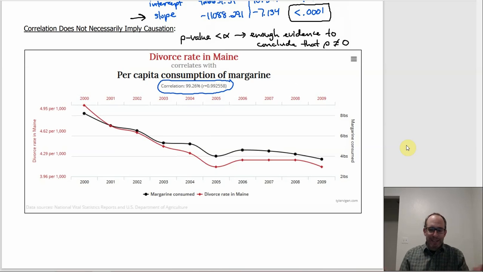But okay, fine, you have an association, but that doesn't mean that there has to be a cause and effect relationship. So that covers everything for section 10.1. 10.2 picks up with this. It's more stuff about regression lines, like the best fit line for a scatter plot and that kind of stuff.